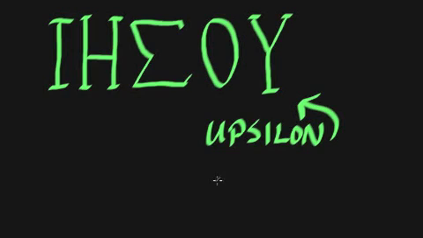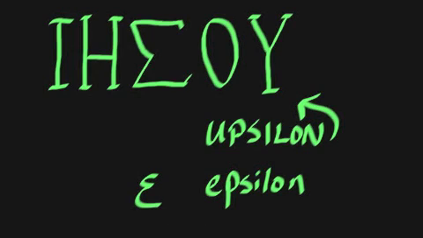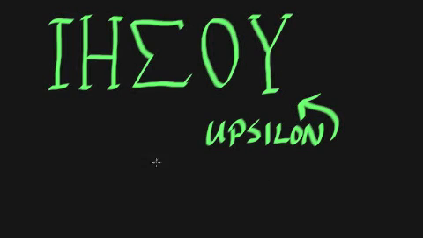Oops, hold on. Which is this. Epsilon, upsilon, or capital epsilon being just a large capital E. But we haven't done that yet, so don't worry about that, but just remember it's upsilon in Iesu and not epsilon. Okay, and if you got all that, we're done for today.